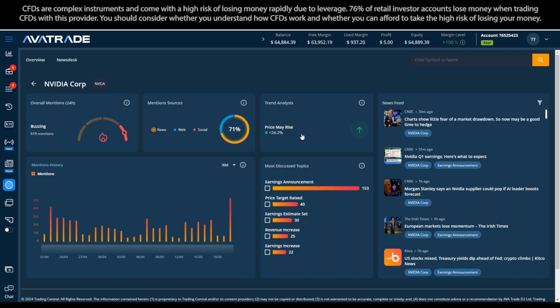So leading up to the announcement tomorrow, where the numbers come out, maybe the move we made on the NASDAQ makes sense, if there's so much positive sentiment about NVIDIA that we see this type of prediction. So you start to put together the different tools in our platform and in our app, and it really can help you decide how you feel about the sentiment on a particular instrument.